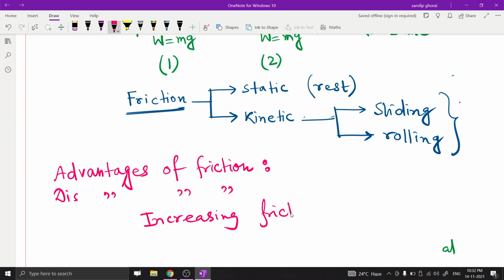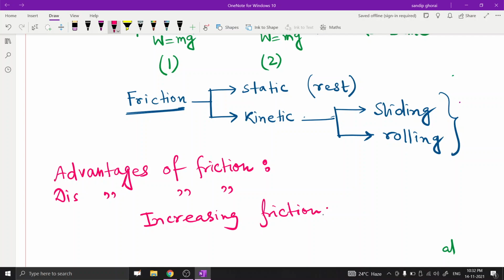We increase frictional force in several ways. If we make a surface rough, then we increase the frictional force. The handles of motorbikes are covered with rough material. The soles of footwear are provided with grooved design. Tires of all vehicles have grooved design or treads to make their surface rough. And sand and gravel are often spread on slippery ground to increase friction.